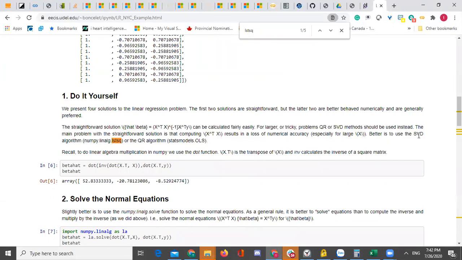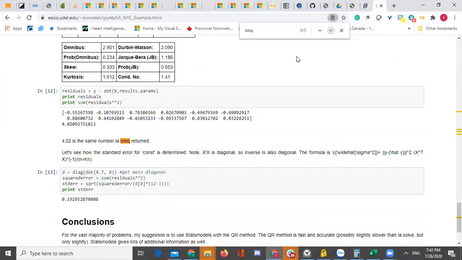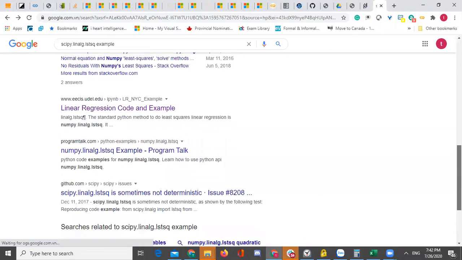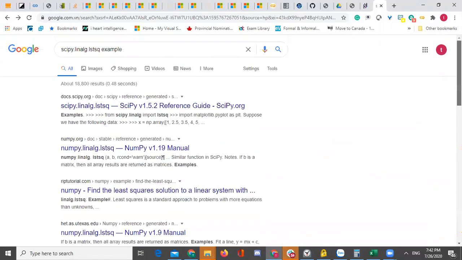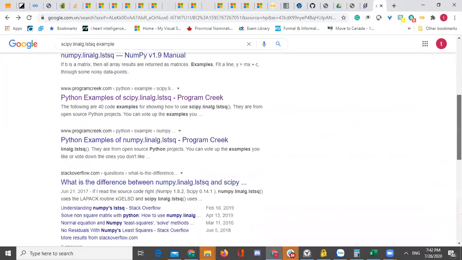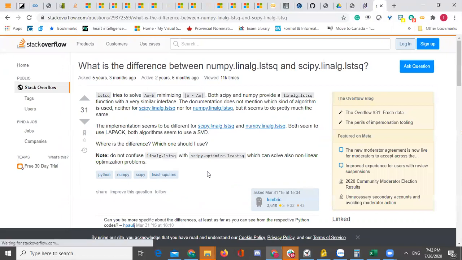Oh no, wait, it's not, because it's NumPy. So ours is scikit-learn. So I'd better find the scikit. Okay, let's see first what is the difference.